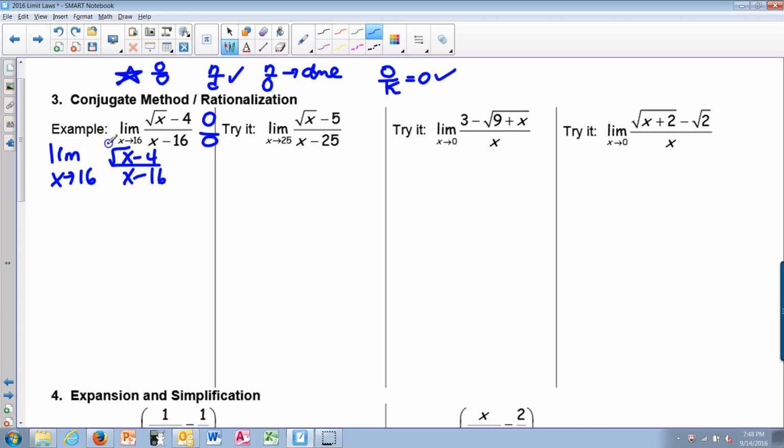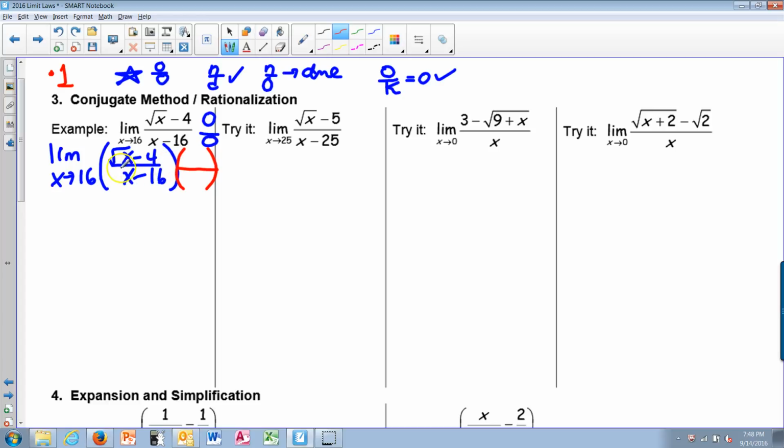So that means I do have to do more work. The question is, what work am I going to do? I'm basically going to multiply by a giant number 1. So if I multiply something by 1, I really haven't done anything to change the value. I'm just changing the appearance.